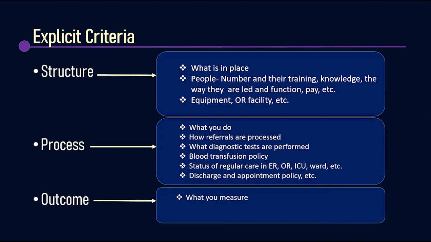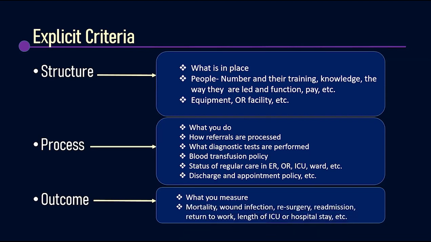And regarding the outcome, outcome basically means what you may measure regarding the patient care, and most of the metrics related to the outcome are these. For example, mortality. In your care, how many patients die with a given disease? What is your rate of wound infection? What is your rate of resurgery and readmission, return to work, length of ICU or hospital stay?